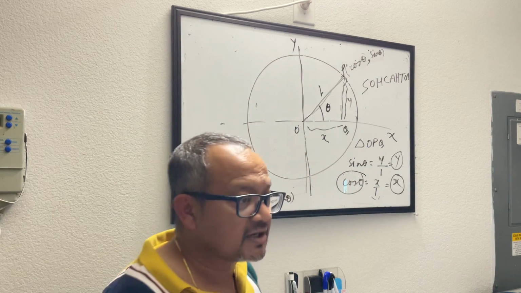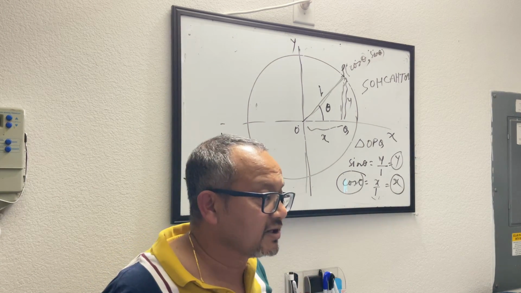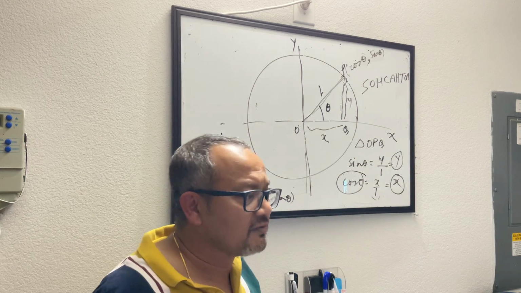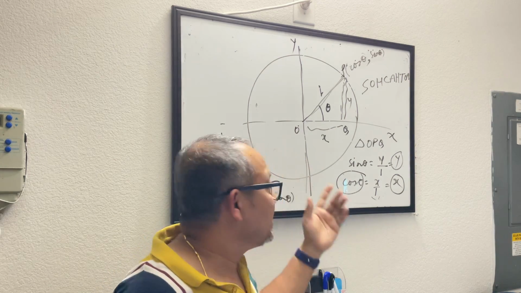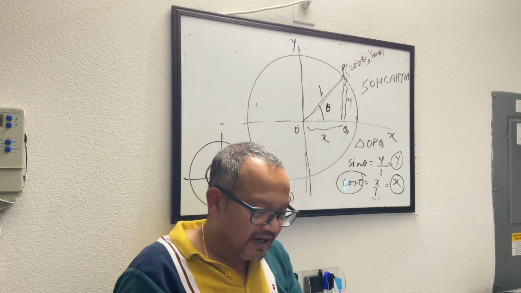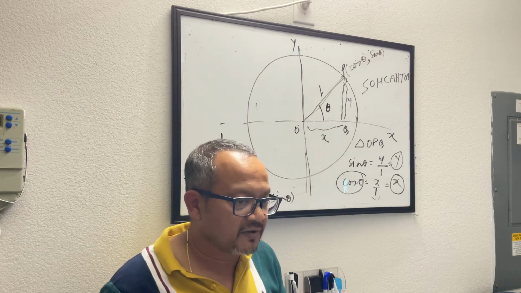In the next class, we'll try finding out the value of 315 degrees, 460 degrees, 650 degrees, 1285 degrees, whatever, and see how this unit circle gives us the wings to fly beyond 90 degrees when it comes to finding the value of trig functions.